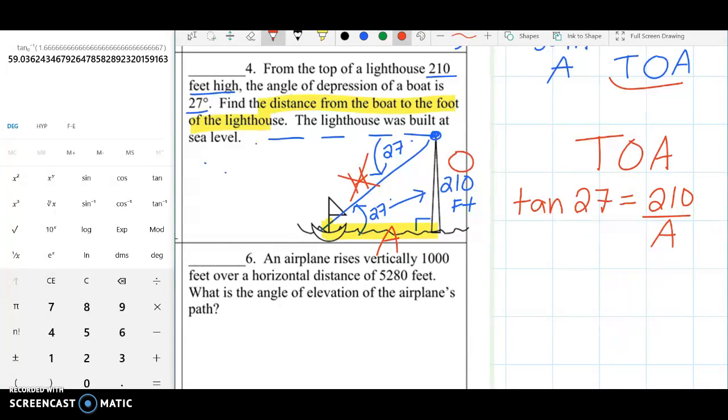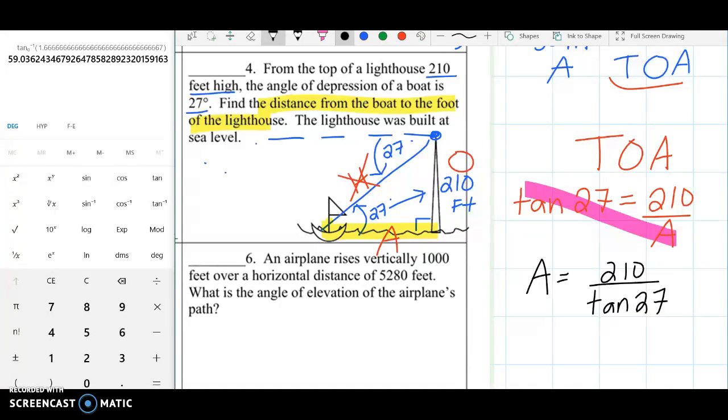Now, when we have our variable on the bottom, the trick that I've told you is this: you're going to end up switching your trig function with that variable. They're going to switch places. So you're going to rewrite this equation to be A equals 210 divided by the tangent of 27.